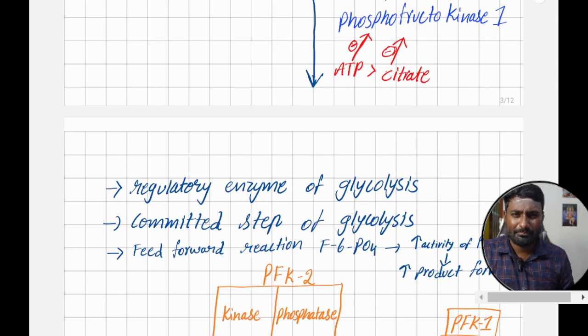What do you mean by more ATP and citrate in the cell? It means the cell is in a high energy state. During high energy states, usually after the fed state, glycolysis won't be happening, but rather it will go to glycogen synthesis.